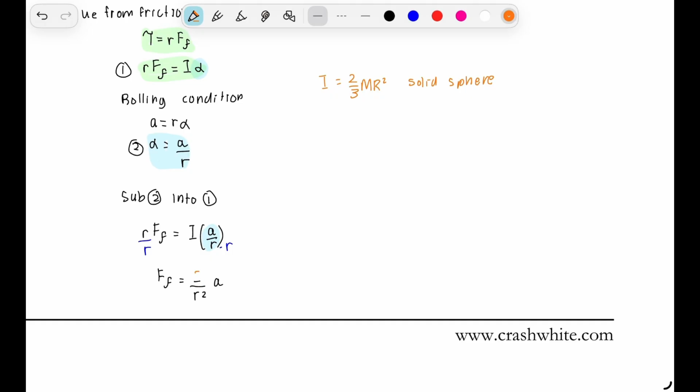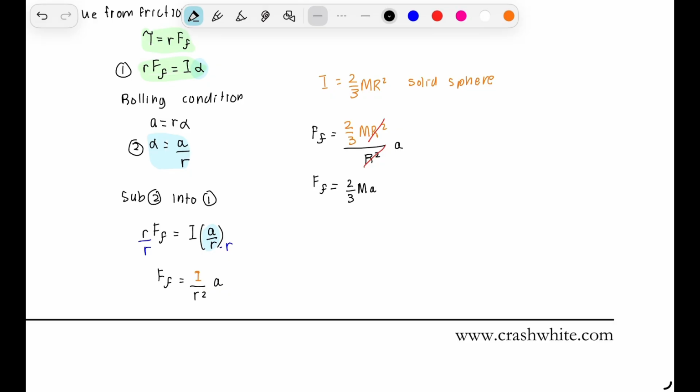So now this is going to be Ff is equal to 2/3 r squared over r squared times a. Now you can just cancel out that r squared. Ff is equal to 2/3 a.